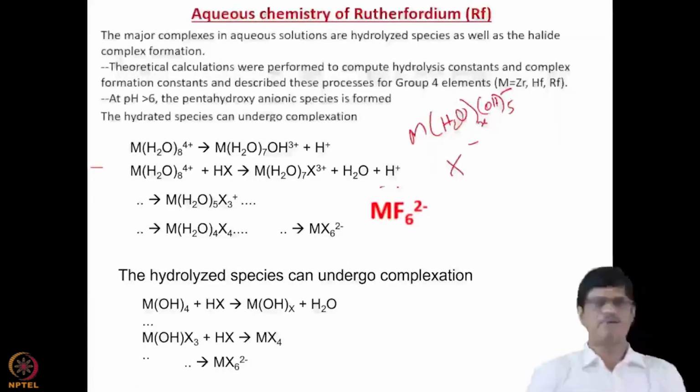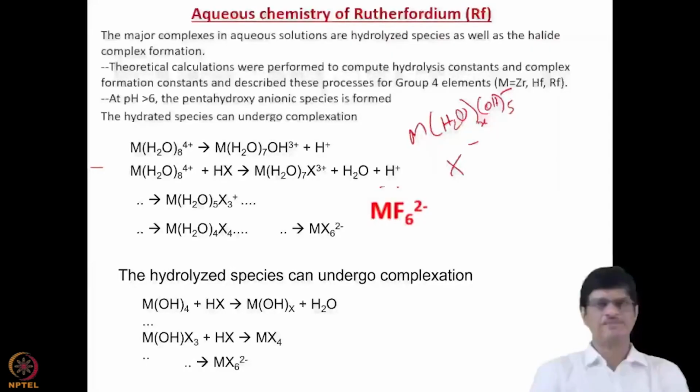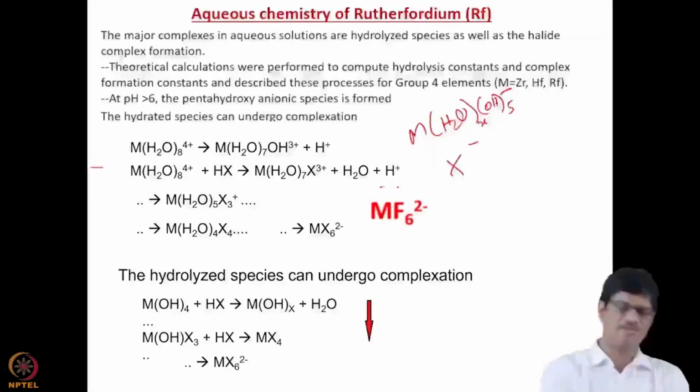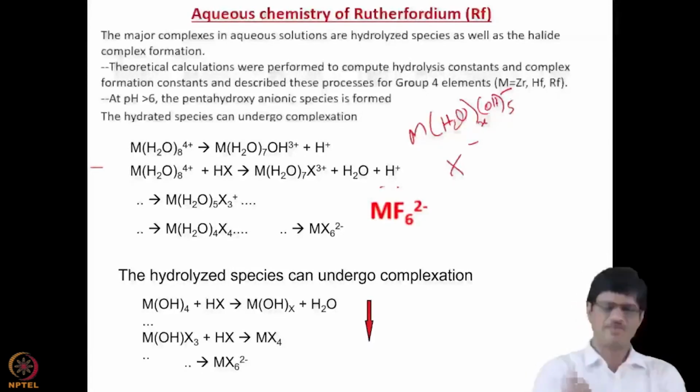You can have a precipitated form of these tetrahydroxy complexes of the tetravalent metal ions like zirconium, hafnium or rutherfordium, and this precipitate can form complexes with HX giving MOHX plus H2O, and subsequent complexation can take place to give MX4 type of species. And the MX4 also can complex with another HX to give MX5 minus, and subsequently with another HX to give MX6 2 minus, giving species like this as mentioned.